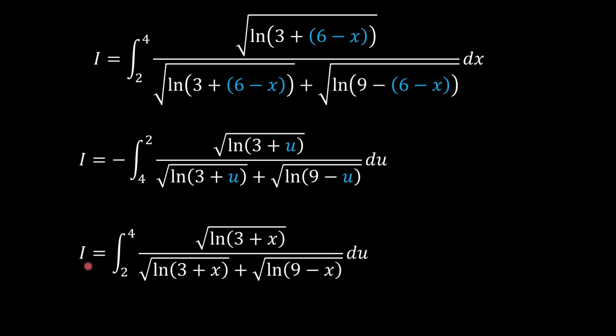So what happens here? The same integral I is the same as the integral from x equals 2 to 4 of the square root of natural logarithm of 3 plus x, over the square root of natural logarithm of 3 plus x plus the square root of natural logarithm of 9 minus x.